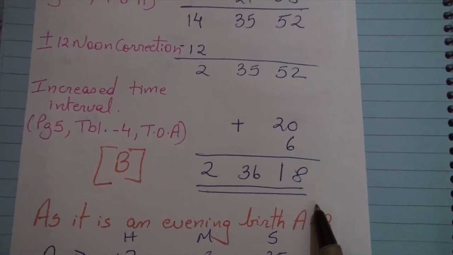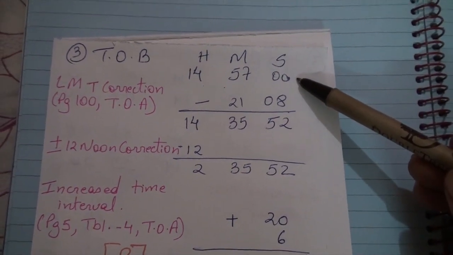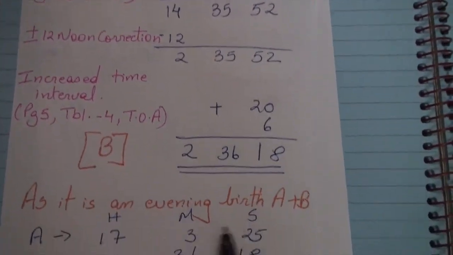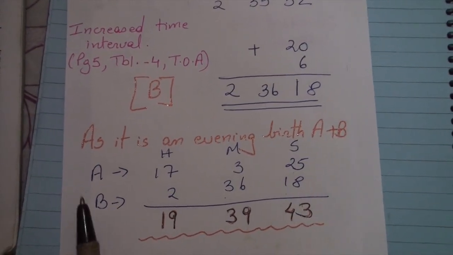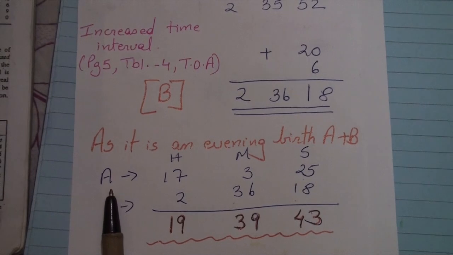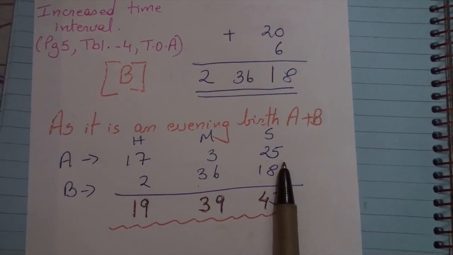Now as we know that the time of birth is a PM birth, it is not an AM birth. As it is an evening birth or a PM birth, we'll add the value A to B. The A value that we derived earlier was 17 hours 3 minutes 25 seconds.